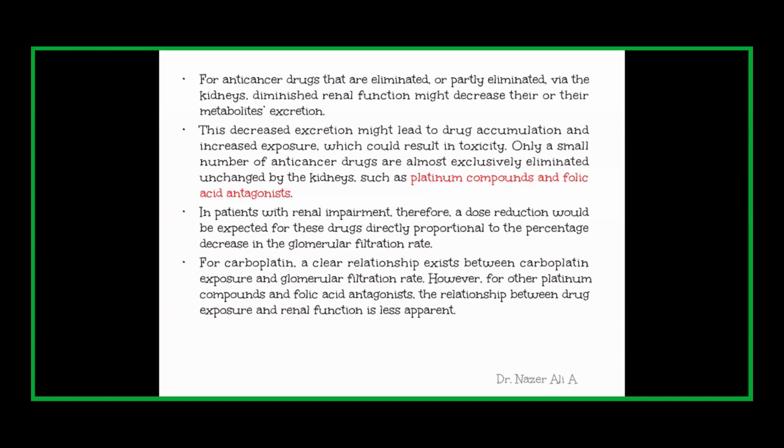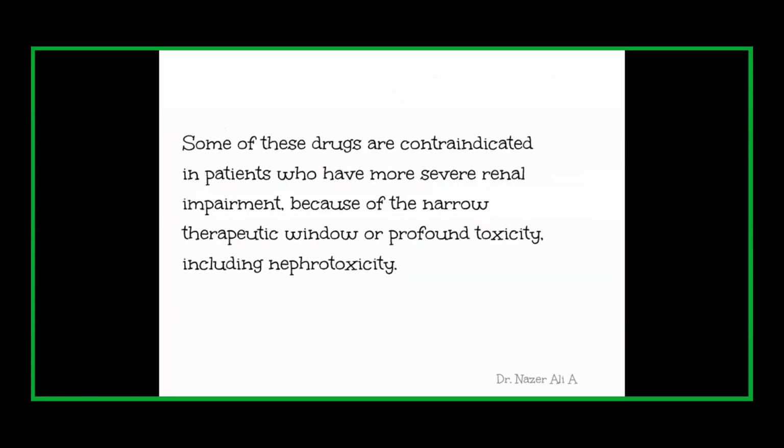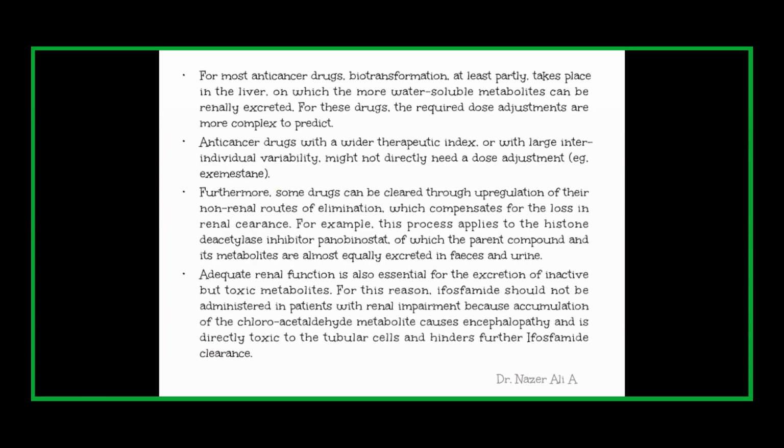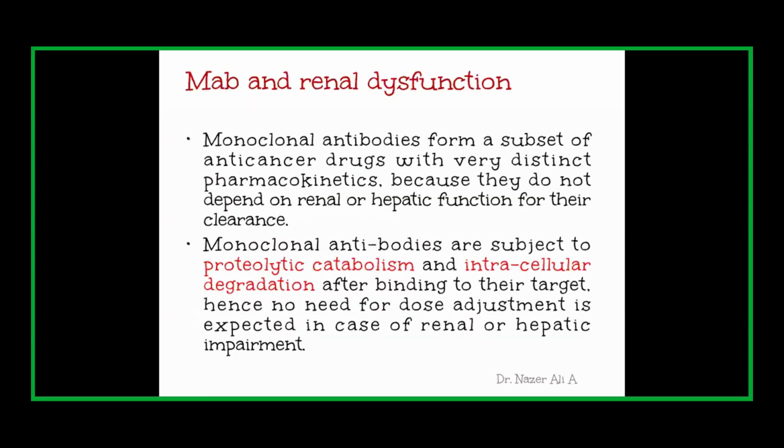There is no approved guideline for dosage adjustment for renal and hepatic dysfunction. It is almost like trial and error, depending on the patient's tolerability only. And for monoclonal antibodies and immunotherapeutic agents, there is no need for dose adjustment in case of hepatic and renal dysfunction because their elimination is by proteolytic catabolism and intracellular degradation.